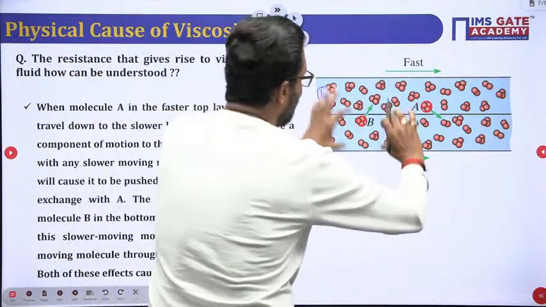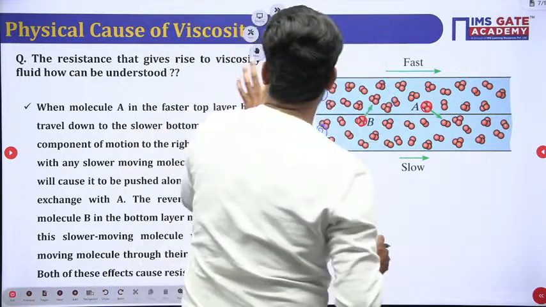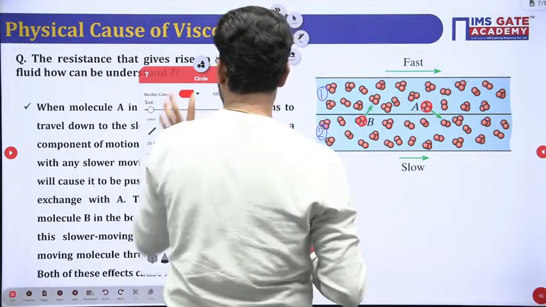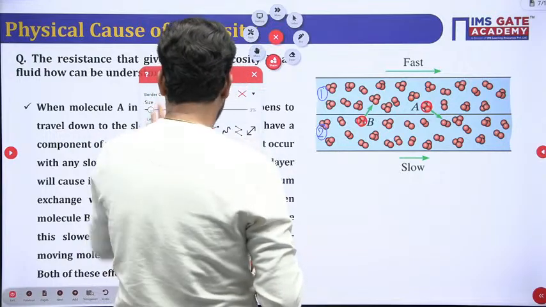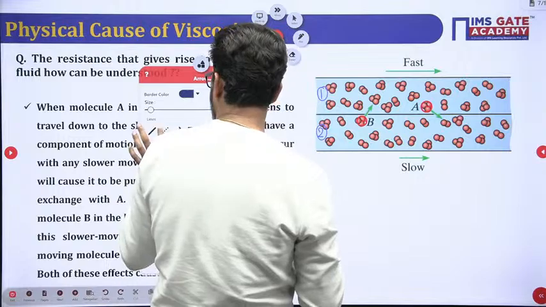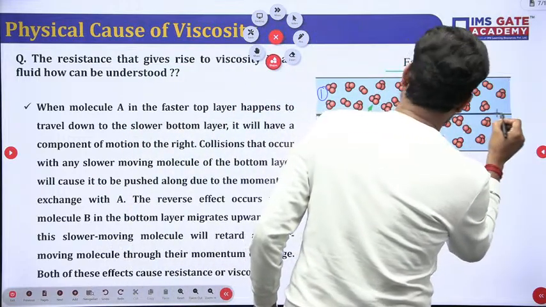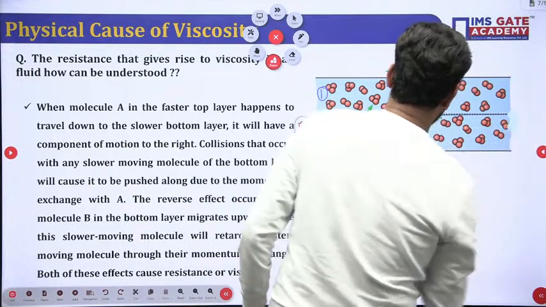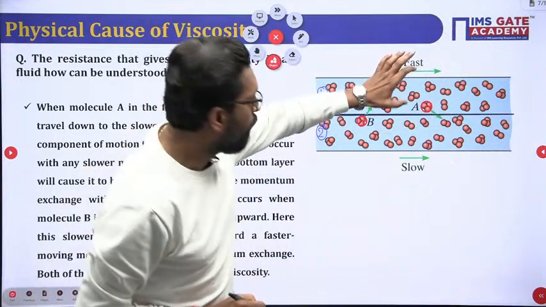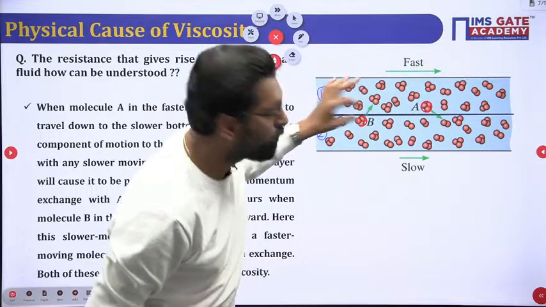This is one layer, this is another layer, and this is your interface. One is the fast molecule movement and the other is the slow molecule movement.